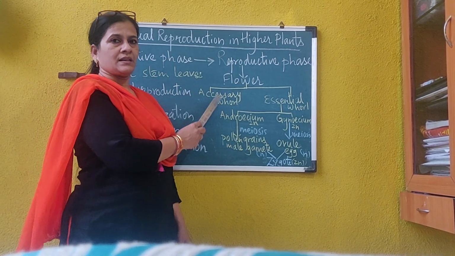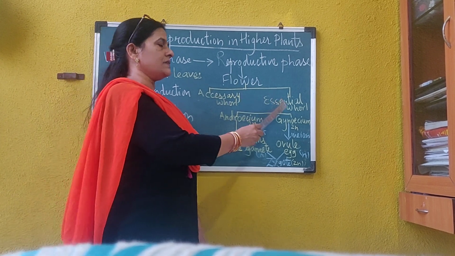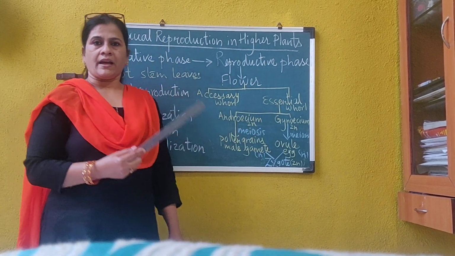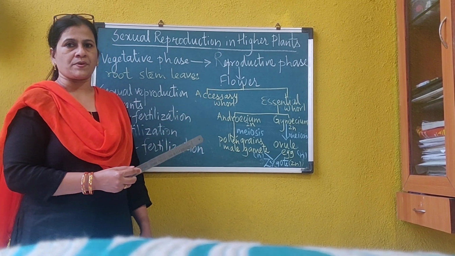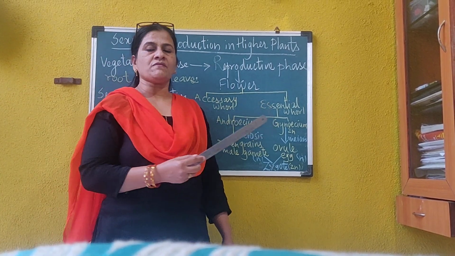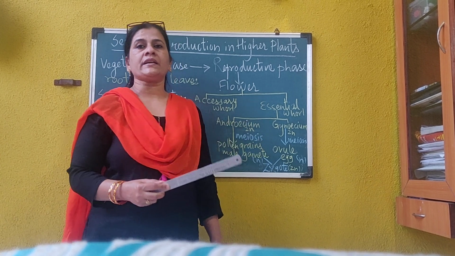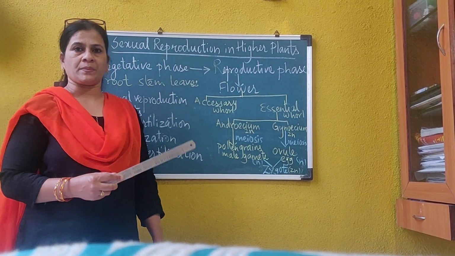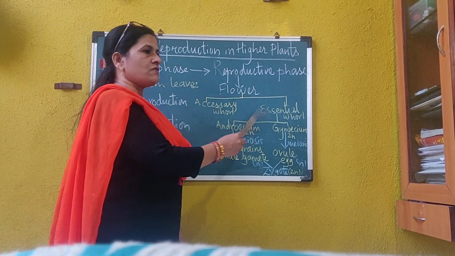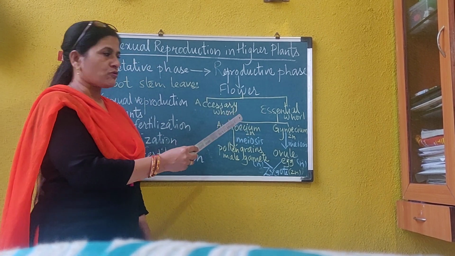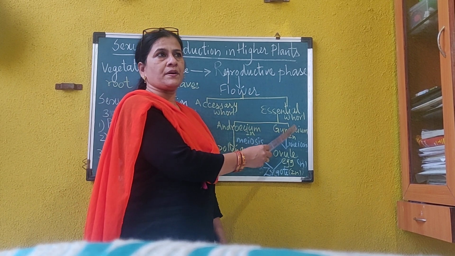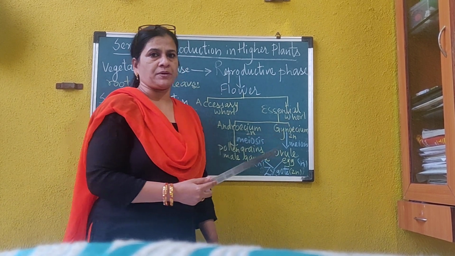Floral whorls are classified as accessory whorls and essential whorls. Accessory whorls are those which do not participate in sexual reproduction, while essential whorls are those which are directly involved in sexual reproduction. So essential whorls are male reproductive part called as androecium and female reproductive part called as gynoecium.